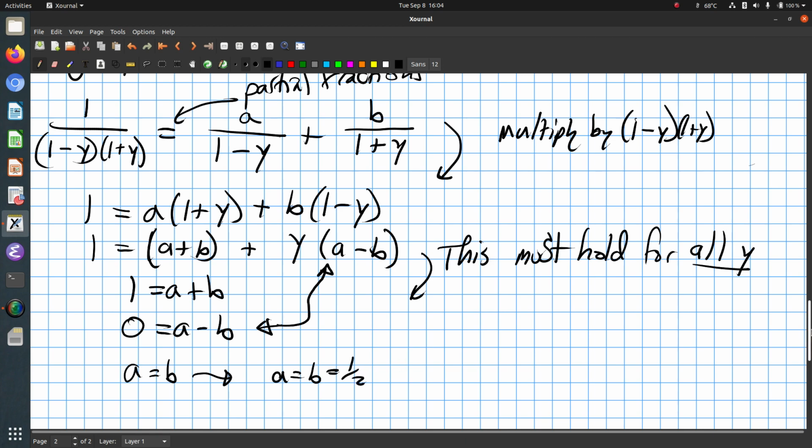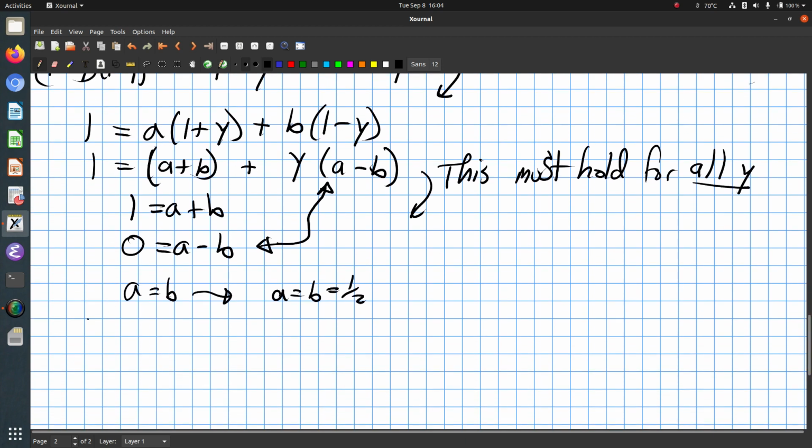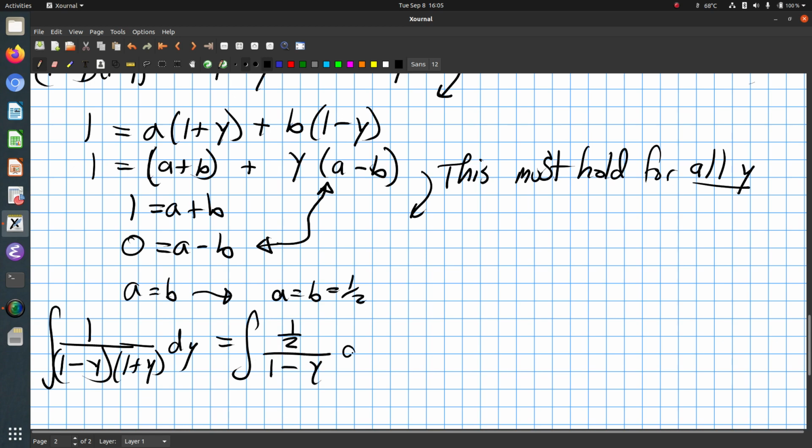Okay, so after all of that wrangling, I now know that if I try to compute this antiderivative, I could write it as this sum of two antiderivatives.